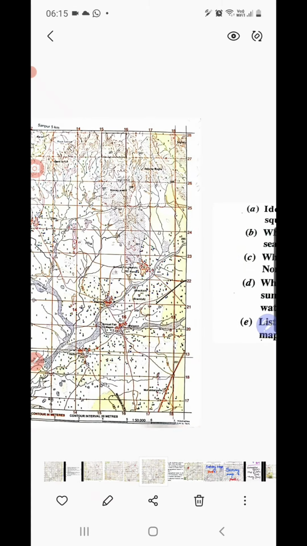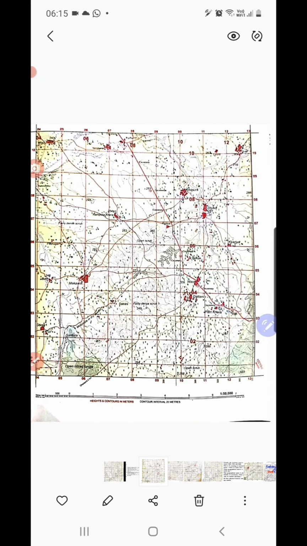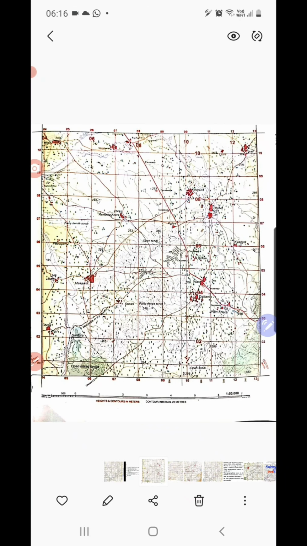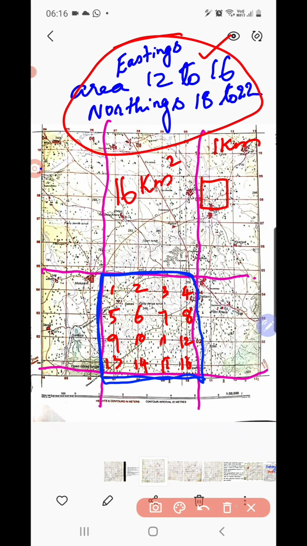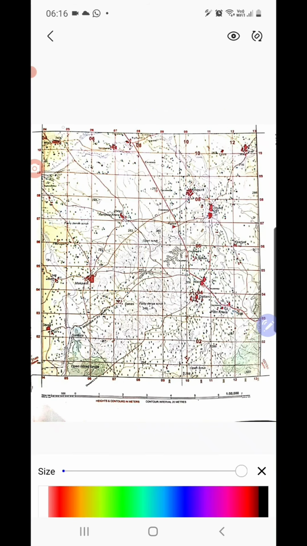So how will you find out? You see 1, 2, 3, 4, 5, 6, 7, 8, 9, 10, 11. So the vertical columns are 11, and horizontally, how many do you see?